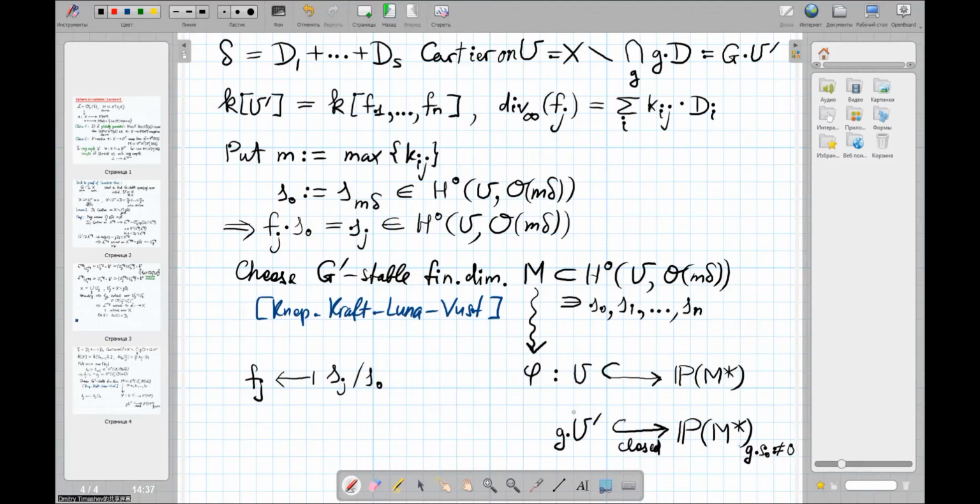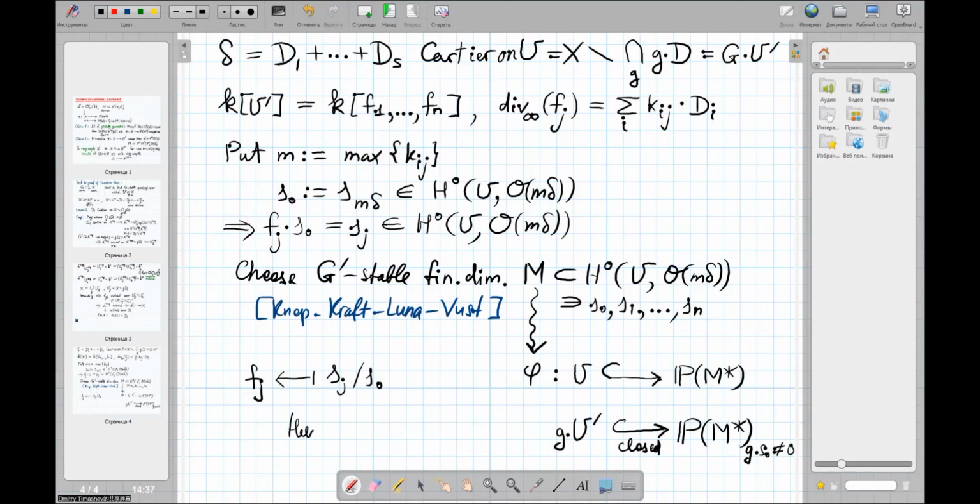So we have proved that the divisor delta, or better to say its mth multiple, gives rise to an embedding of my U into a projective space. And this means that U is quasi-projective.